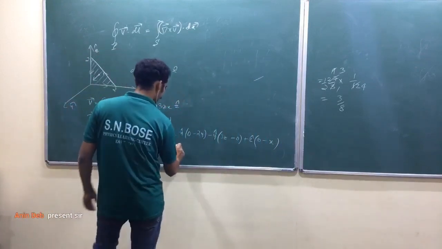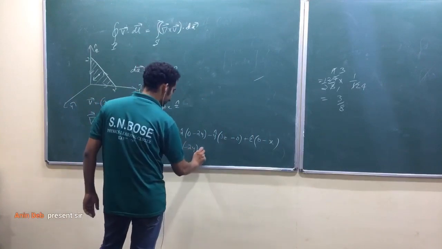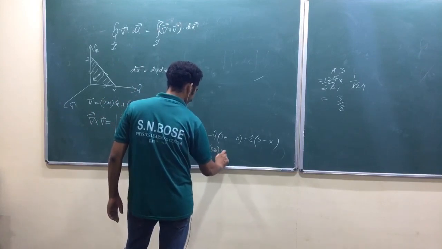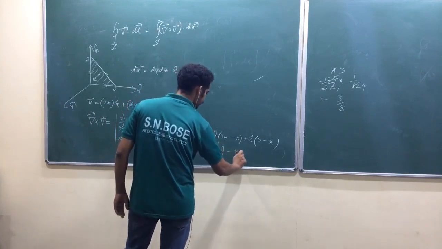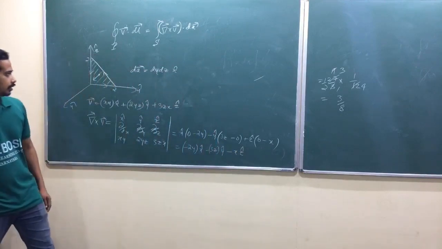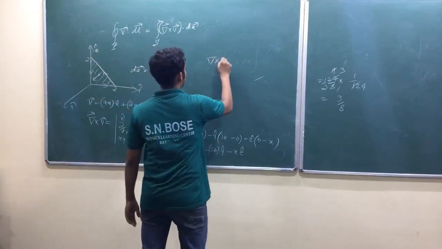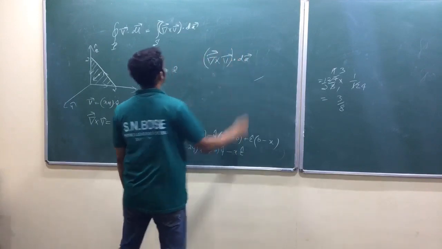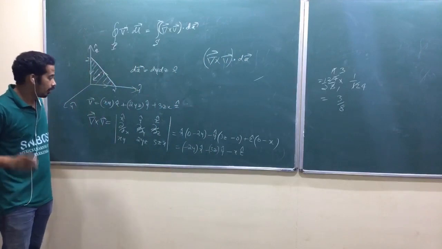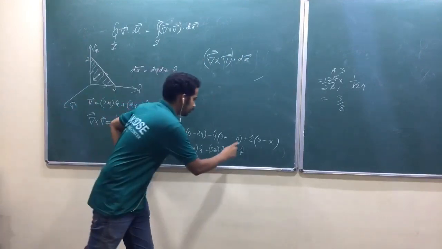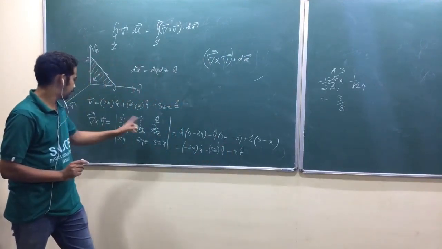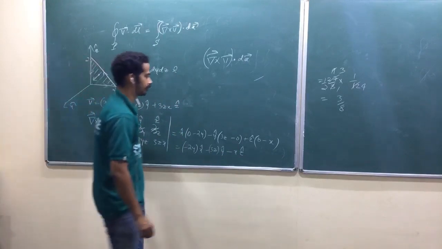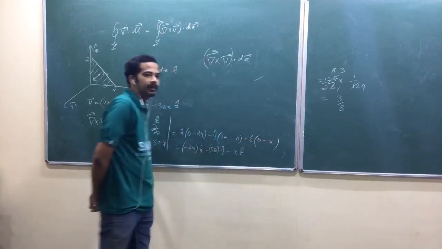Check it out. Minus 2y x cap minus 3z y cap minus x z cap. But I am taking del cross v dot dA. Am I right? Look at here. Be careful, be careful. Write down all steps.